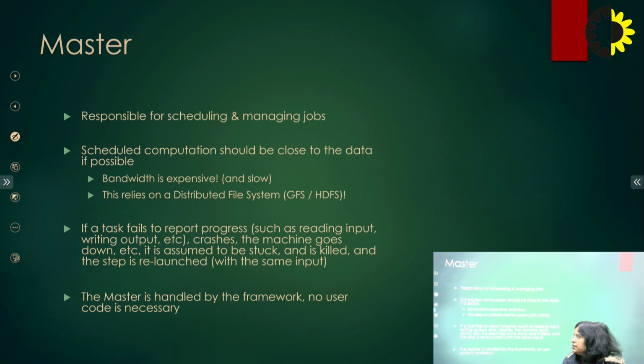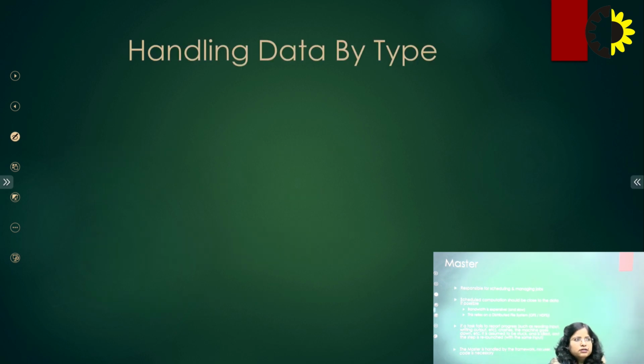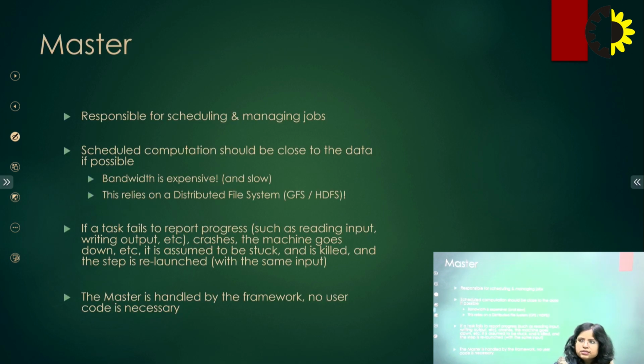There are basically two types of nodes, or systems. First is the master system and second is the slave systems. The responsibility of the master system is to schedule and manage the jobs. The master schedules computation to be close to the data if possible, since bandwidth is expensive.